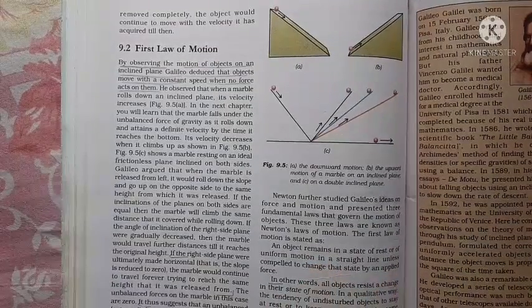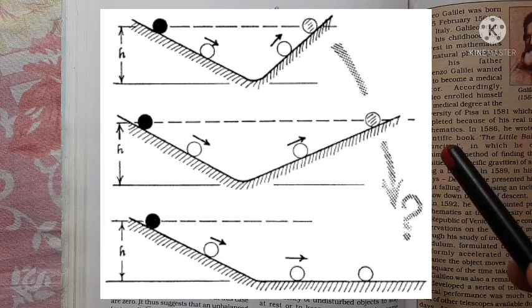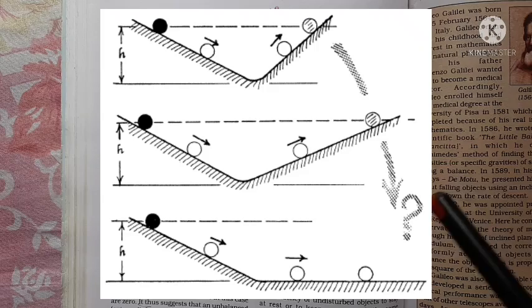Now if the right side plane were ultimately made horizontal, if we slowly go on decreasing the angle of inclination of the plane on the right hand side, the marble will travel further.